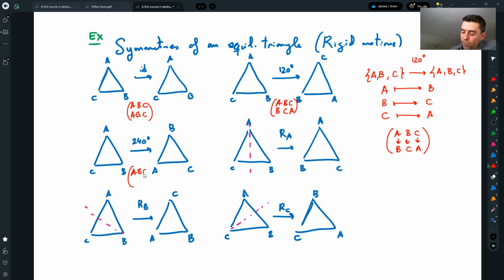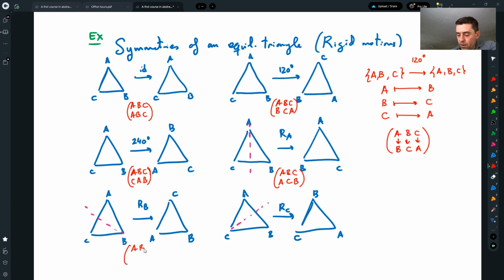For the 240-degree rotation, A went to the C position, B ended up at the A position, and C ended up at the B position. And similarly for this one, you see A is definitely getting fixed, and C and B are getting permuted.